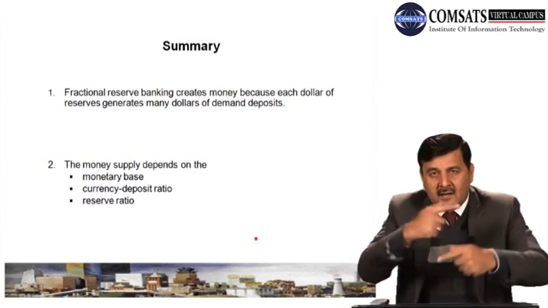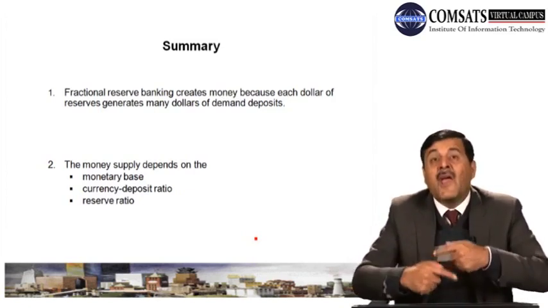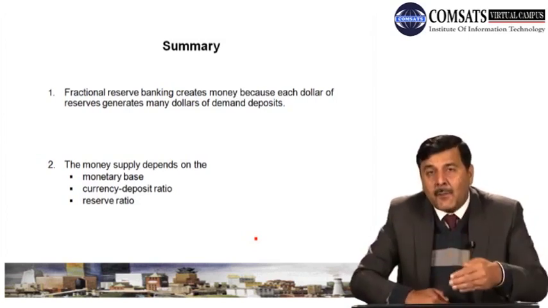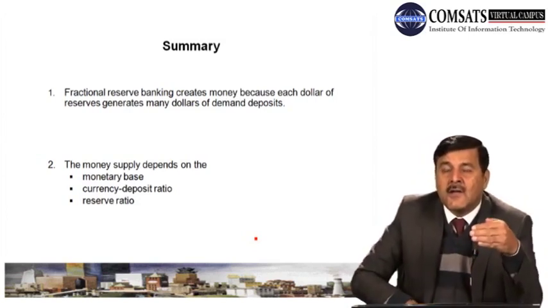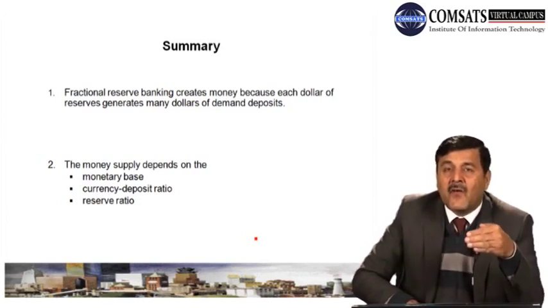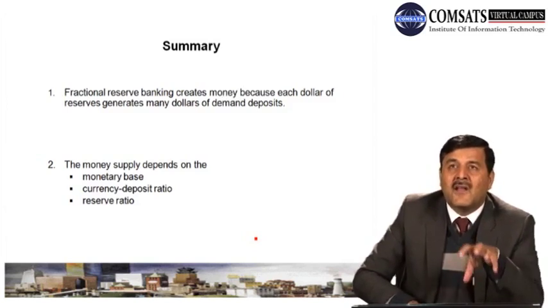So this process continues, and in this way we have seen that with the help of 1,000 US dollar, banks can create 5,000 US dollar money supply in the country and the economy.